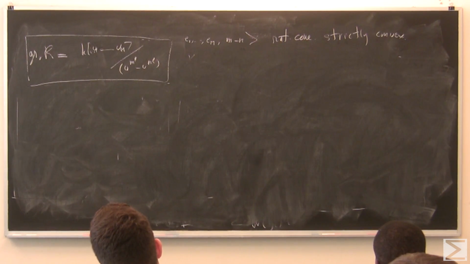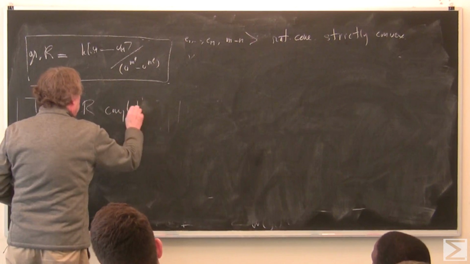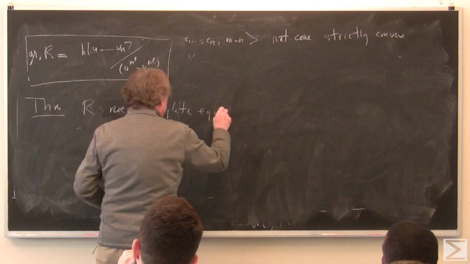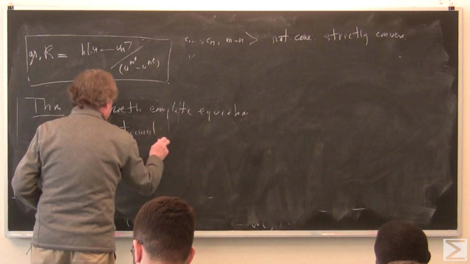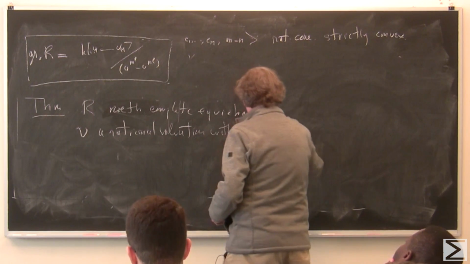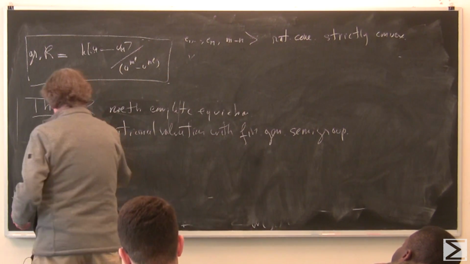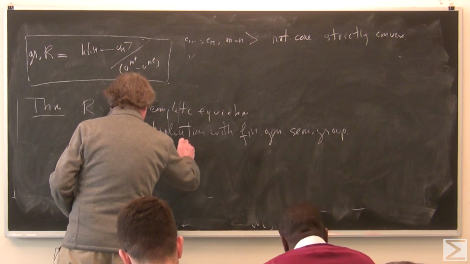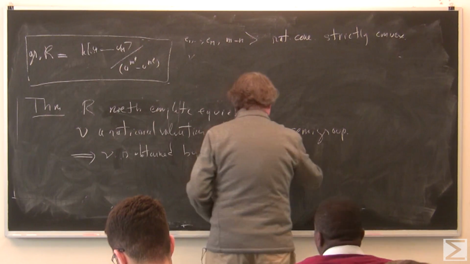Well, I would like to prove that if you take your ring, Noetherian, complete, equicharacteristic, a new irrational valuation with finitely generated semigroup, then nu is obtained by an overweight deformation.